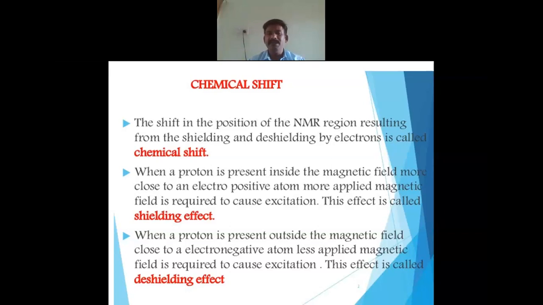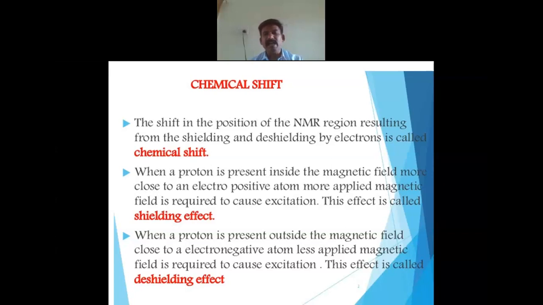More positive means H plus, CH3 plus, a carbonium ion. Such positive groups are very near to the shielding. This is called the shielding effect.